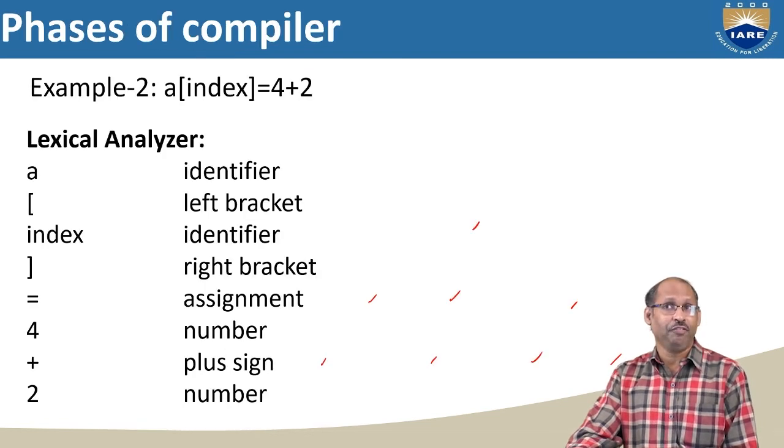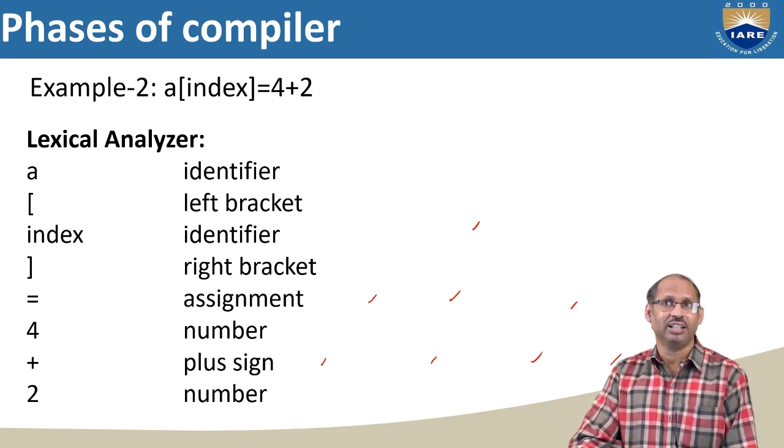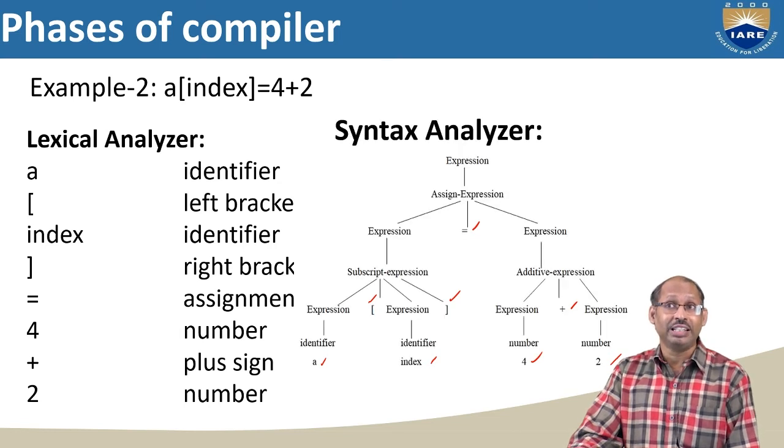So A of index equal to 4 plus 2. Then the lexical analyzer will construct tokens for each lexeme, right? Then these tokens are the input to the syntax analyzer.